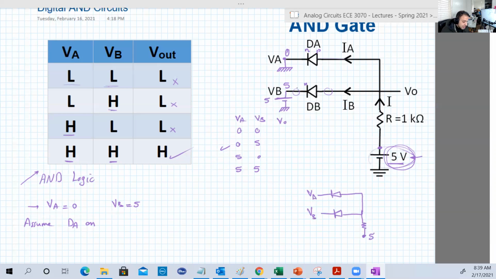So for sure, the other terminal will be less than or equal to 5. So basically, VB will be less than or equal to Vn of diode B. So I know for sure it will be reverse. It will be off. So DB is off.